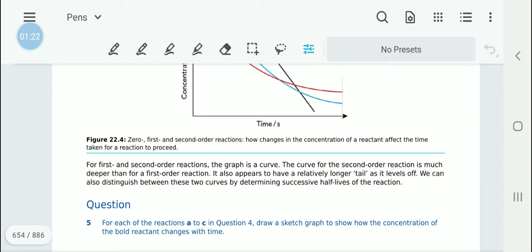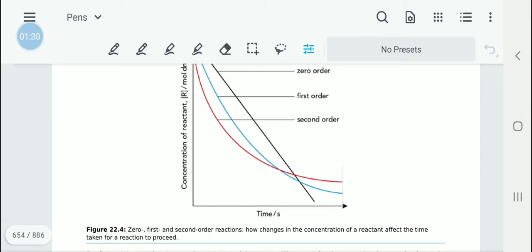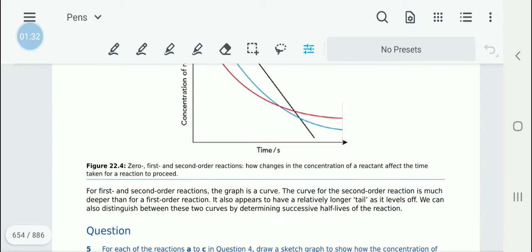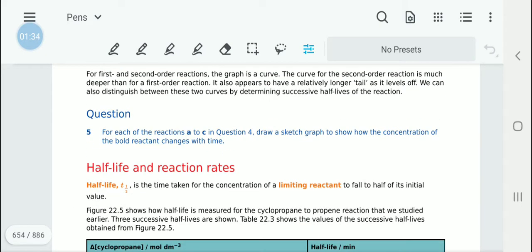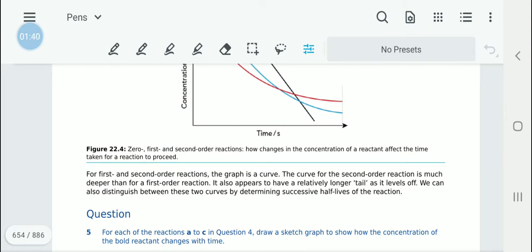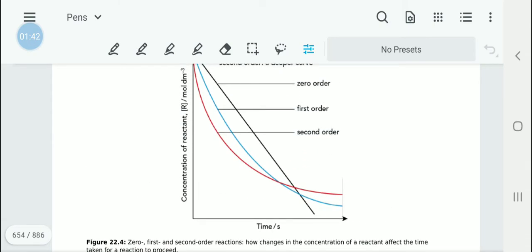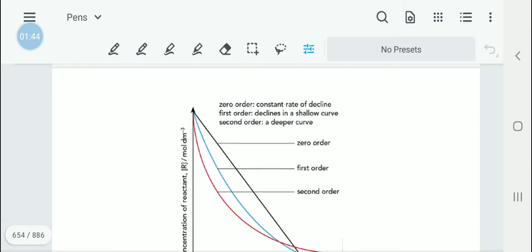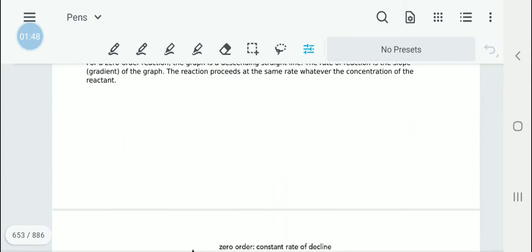After figuring out whether it is a first or second order, if you want to get a confirmation, we have to go and figure out the successive half-lives of the reaction. That will help us to confirm whether it is a first order or a second order reaction.